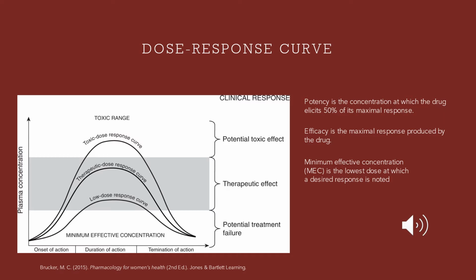A concept applied to the effect of antimicrobials is minimum inhibitory concentration, meaning the lowest dose at which the antimicrobial inhibits visible growth of a microorganism overnight.